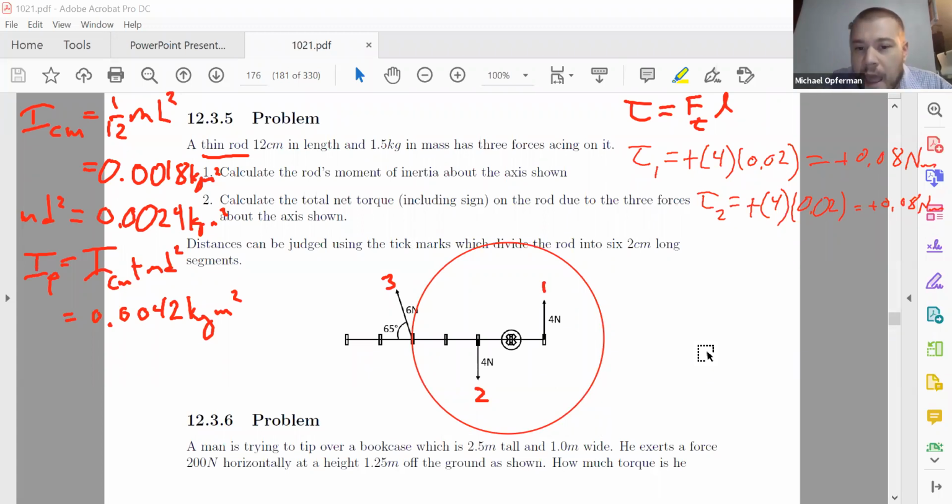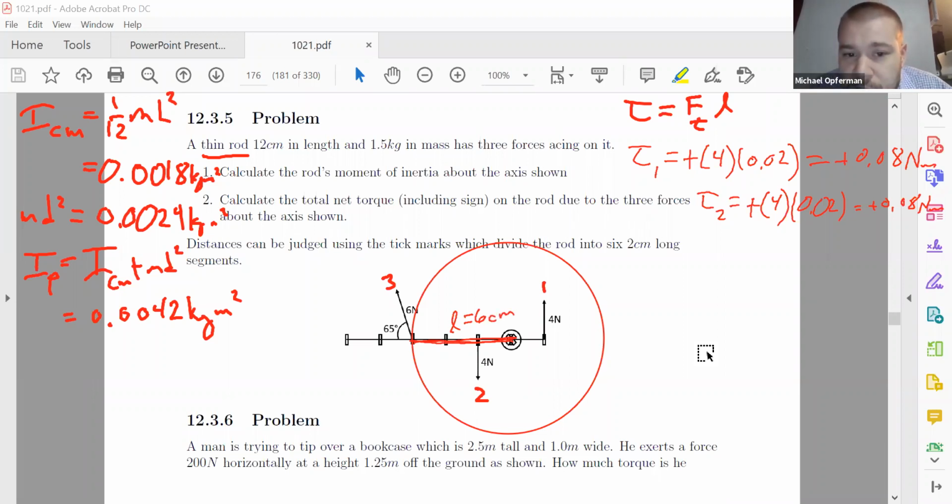Again, I want the axis to be at the center of the circle, and I want force vector F3 here to be touching the edge of the circle. Now, next, I think about this arm that goes out to where the force is acting like this. That's going to be my L value. This is going to be 6 centimeters in this case.